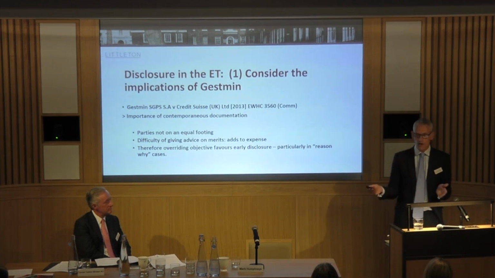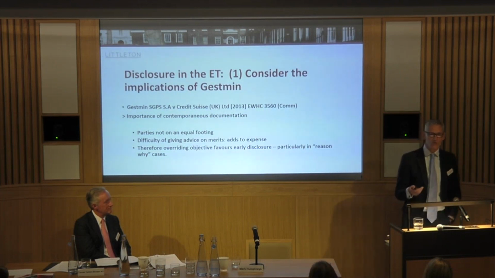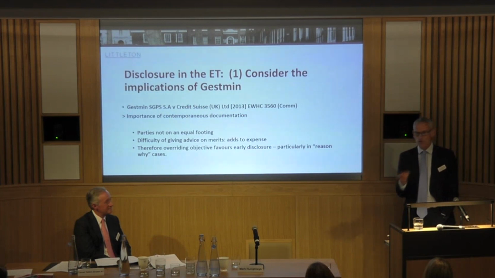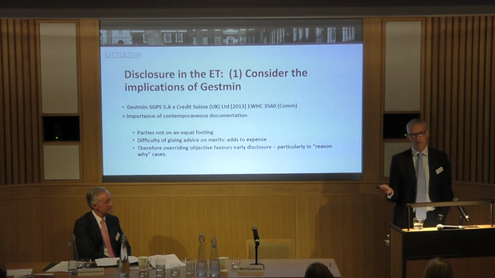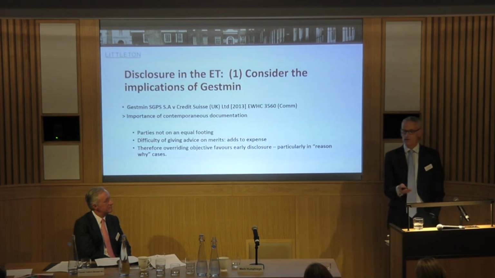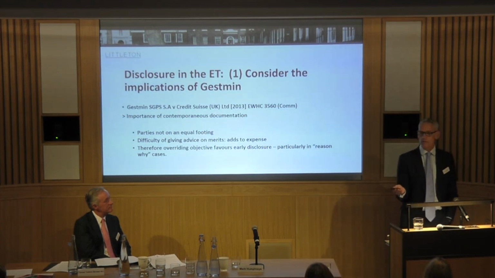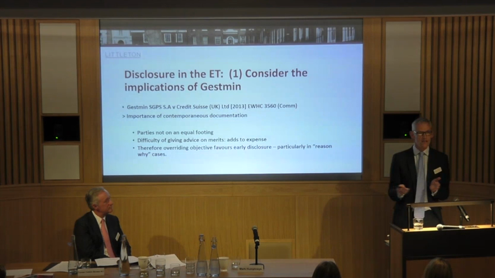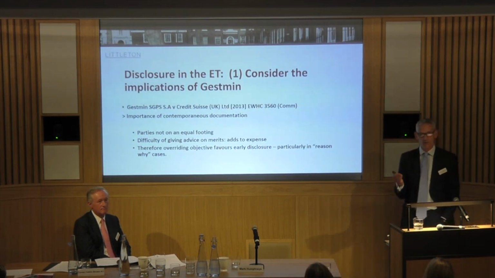It's very difficult to do so if you haven't seen the key evidence on which critical disputes of fact will be based. So I might say, well, this looks a very plausible case, but I will know that there may be a smoking gun email which either supports my opponent's case or definitively undermines it. But until I've seen that, I can't give any clear advice about prospects. And that's a real problem.